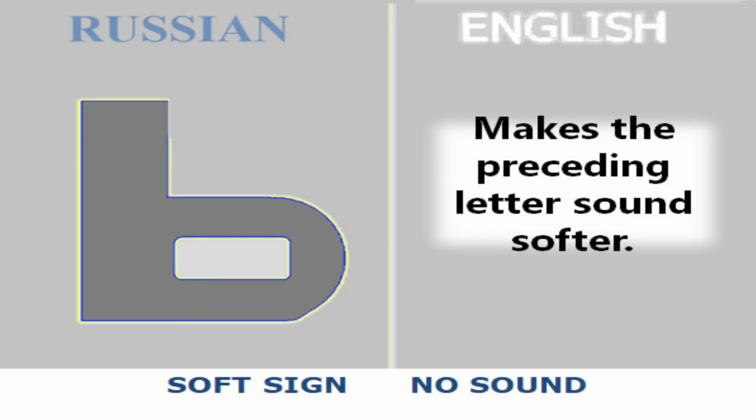The next Russian letter is a soft sign. It has no sound of its own. It makes the preceding letter sound softer.